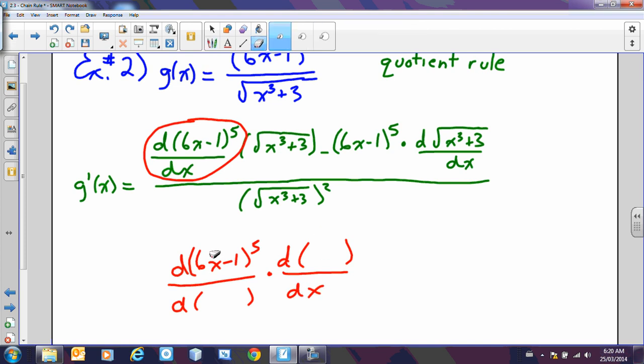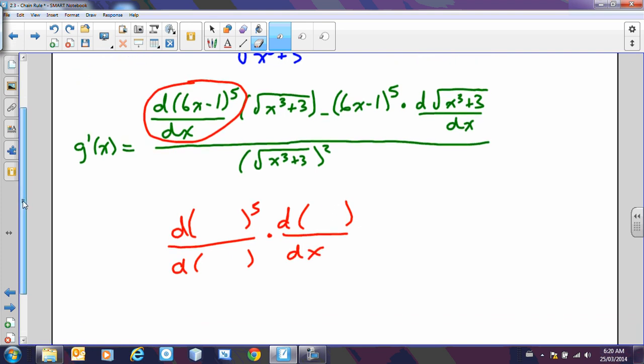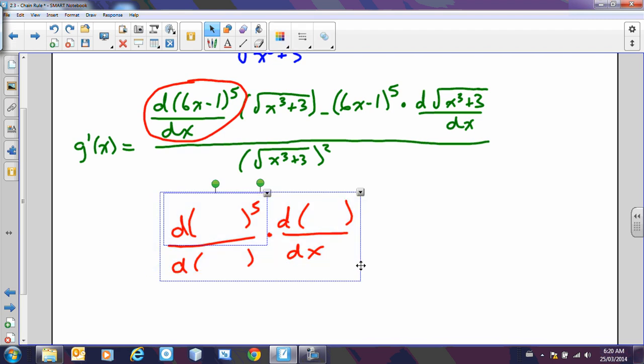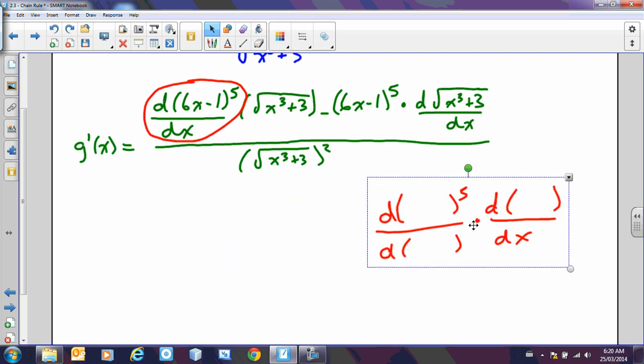Okay, so maybe even writing it that way makes more sense. That's what I have to deal with: something to an exponent 5 versus itself, and then that something with respect to x. Just slide that off to the side.